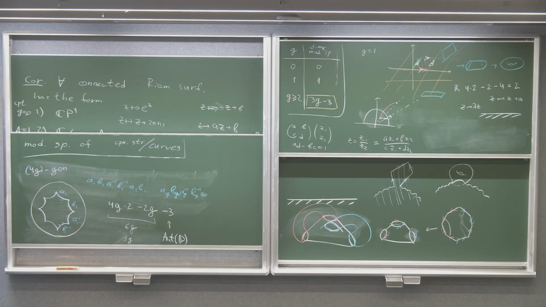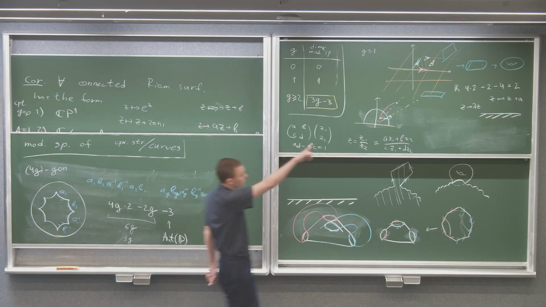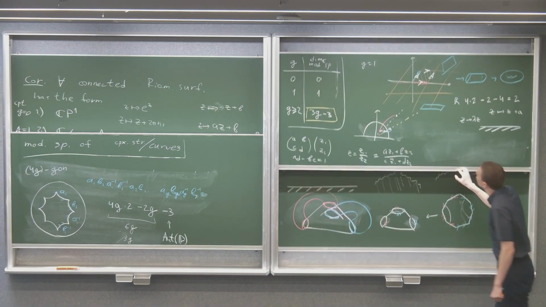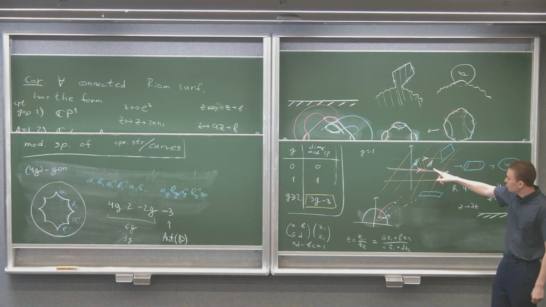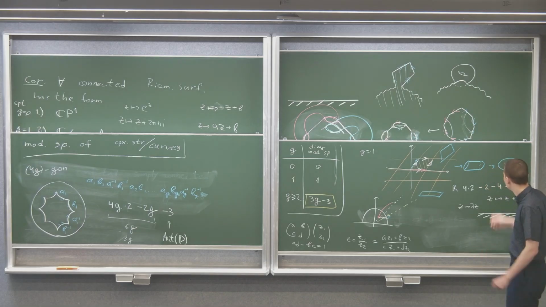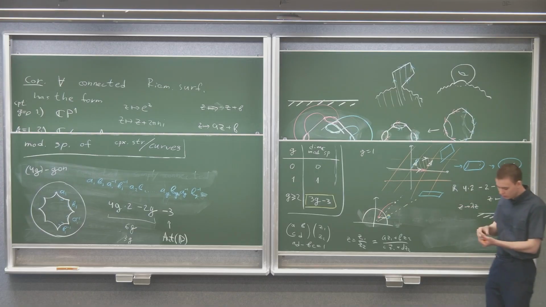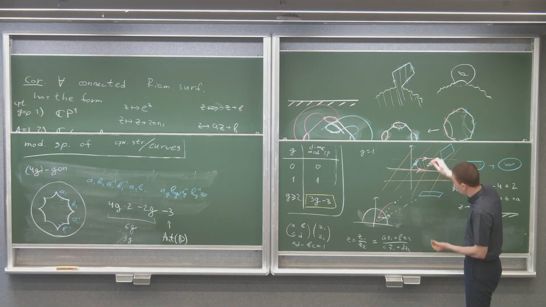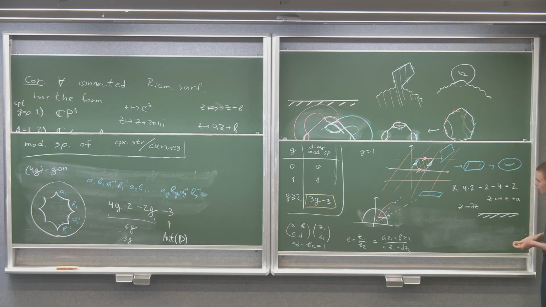And here is how it appears. Let's look back at the torus case. Once we glued this parallelogram sidewise, let me just draw these red and blue sides on the resulting figure.